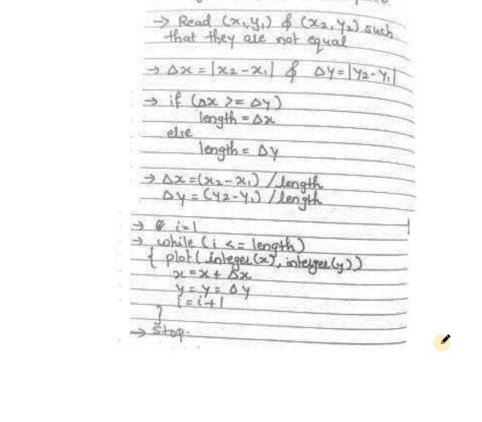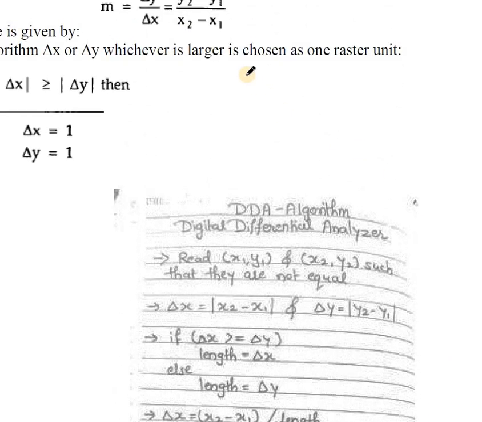Now, the new value of delta x and delta y is to be calculated. How do I calculate it? Delta x is equal to x2 minus x1 divided by the length, which we have just now calculated, and delta y is equal to y2 minus y1 divided by length. So above we had seen that it becomes one raster unit.